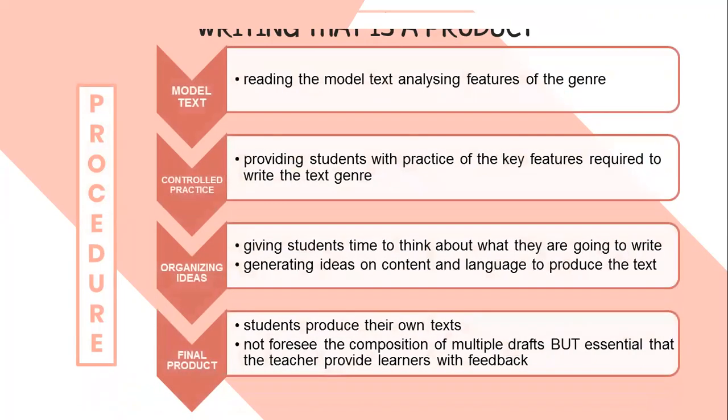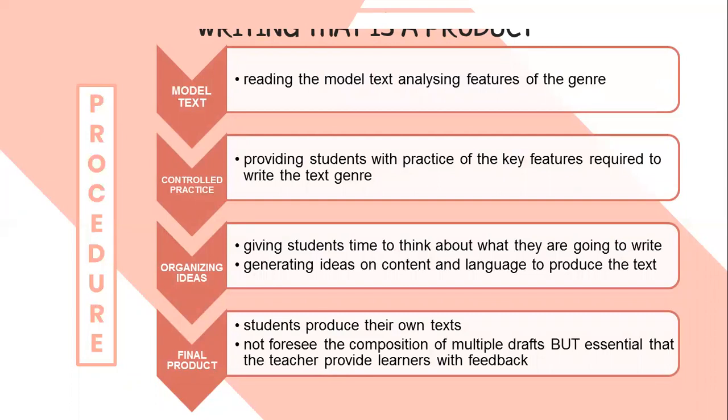About the procedure of writing that is a product, there are four stages. The first one is model text. Reading the model text, analyzing features of the genre, content, vocabulary, grammar, text organization. The second stage is controlled practice.